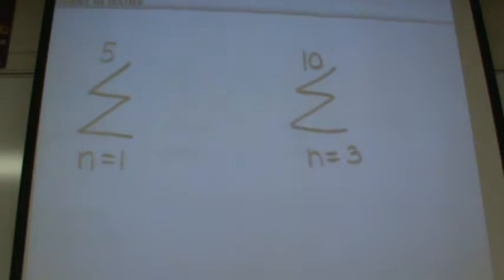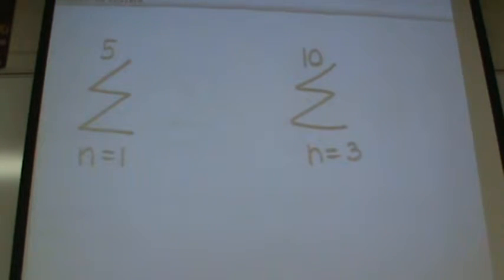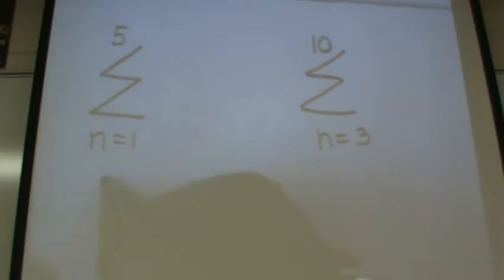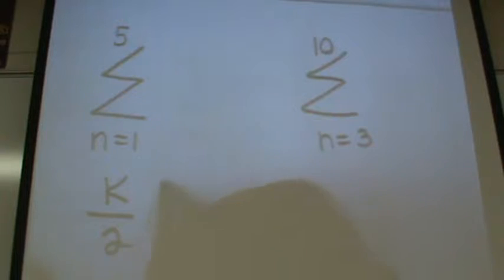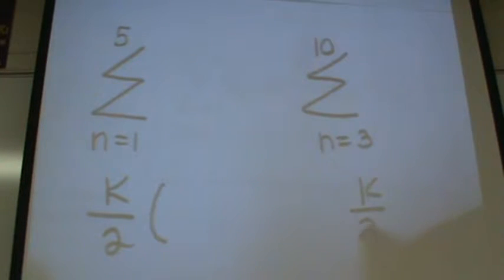What if I gave you this? How many are you adding up now? How many terms are you adding? What's the k value? It's not 7. What did you get for this one?